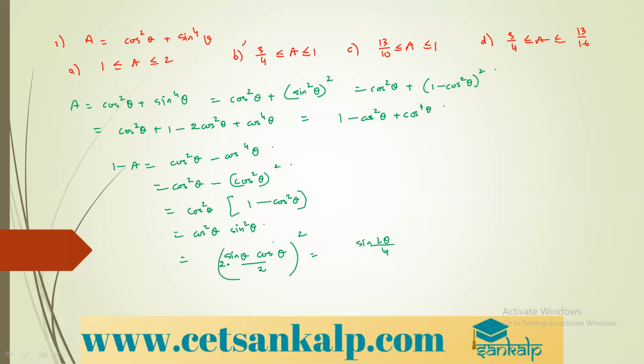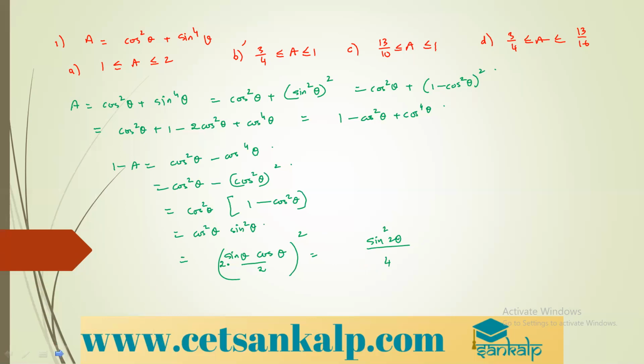Actually, I will write it like this: instead of writing in 2 steps, the numerator is sin 2 theta squared and the denominator is 2 square, that is 4.